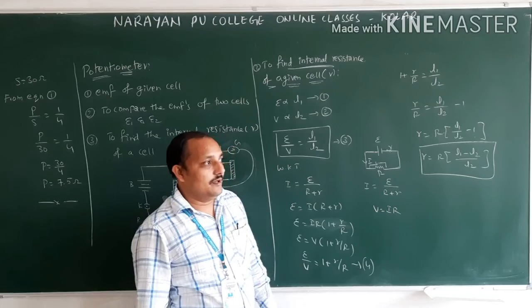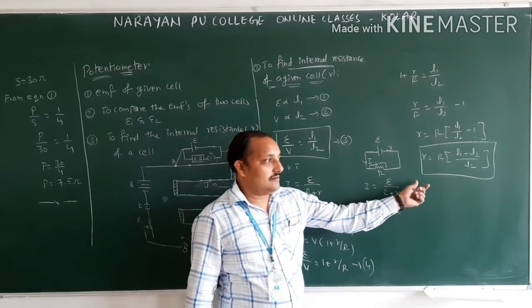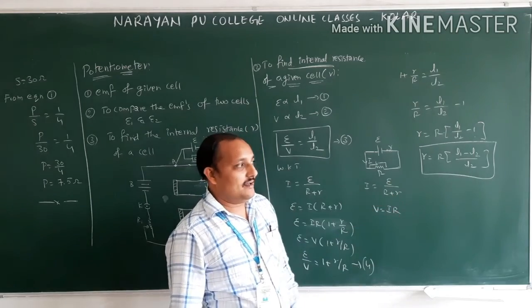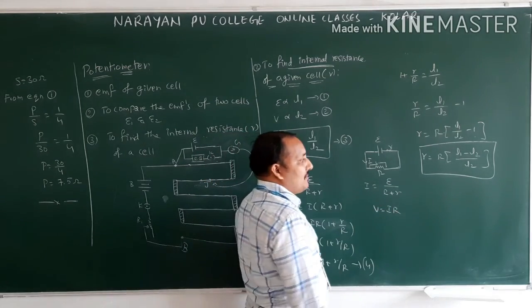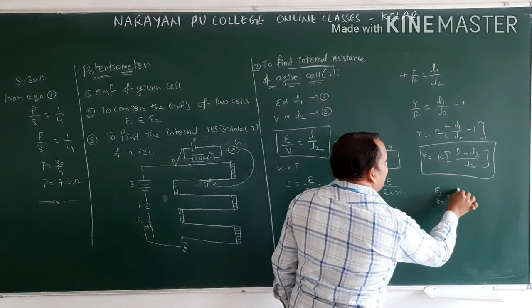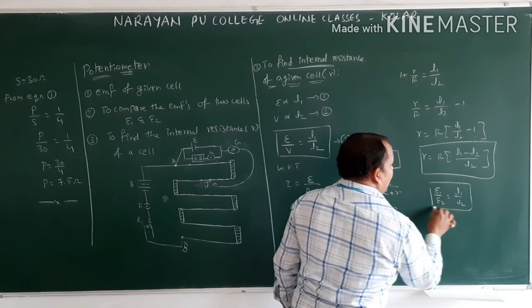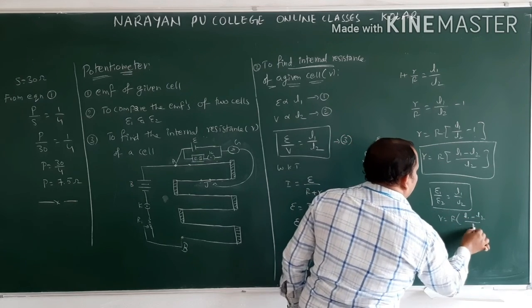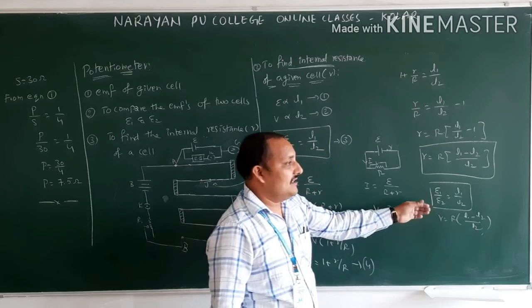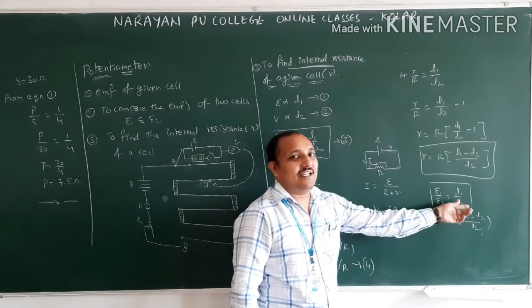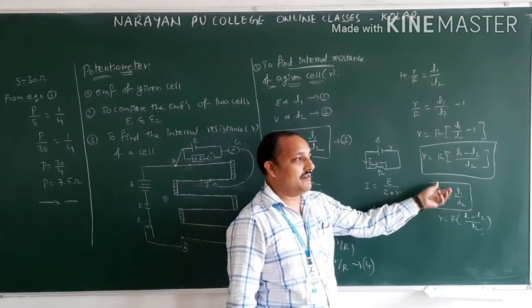Okay. Now practice one or two problems from your NCERT textbook. Example problems are at the back side. They will give some problems. You can practice simply. First equation: E1 by E2 is equal to L1 by L2, and for internal resistance, r is equal to capital R into L1 minus L2 by L2. For this, they will ask with two cells connected, and they will give the first balancing length and the second balancing length. How will we compare?